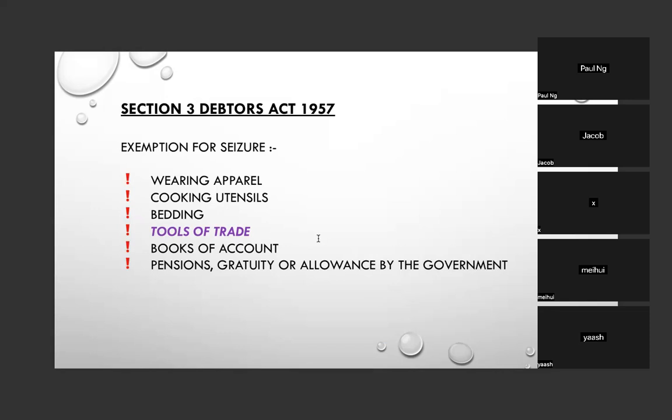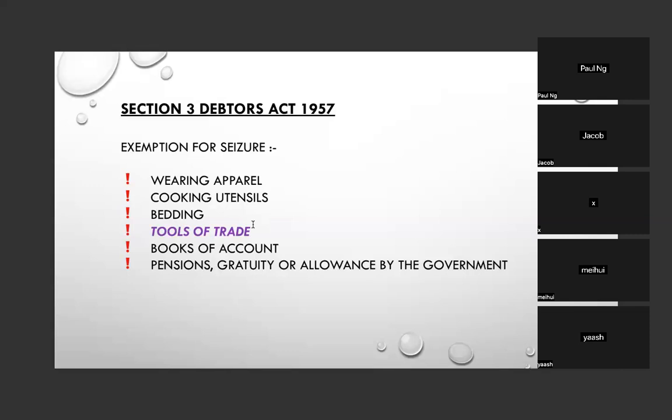You can't seize apparel, cooking utensils, bedding, tools of trade, the account books, pension, gratuity, or allowance by the government. So let's say, according to the question, it is goods in a mini market. Can we say that is a tools of trade for this particular judgment debtor?